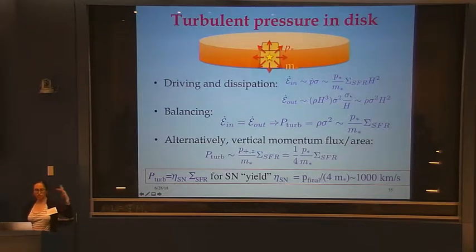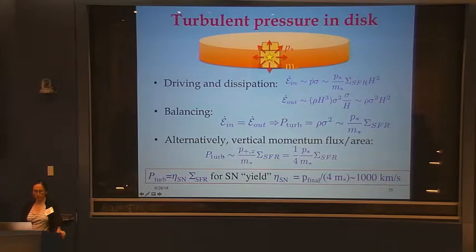If you balance the input rate with the dissipation rate, you get turbulent pressure, which basically scales with the star formation rate and the momentum per mass. You could think of P star as the momentum per supernova, and M star is the total mass in stars per supernova, which is about 100 solar masses per supernova.